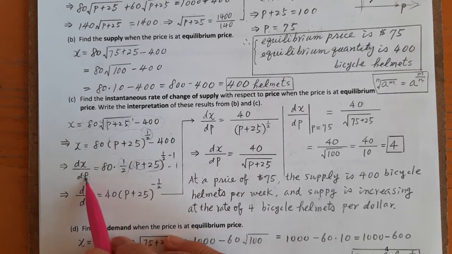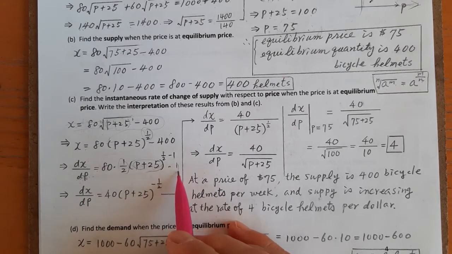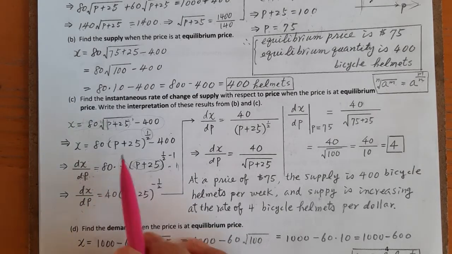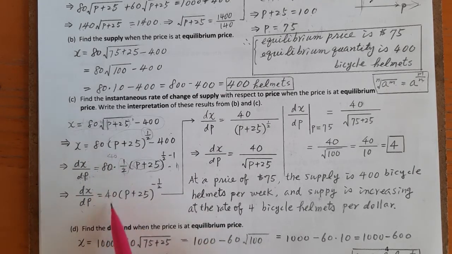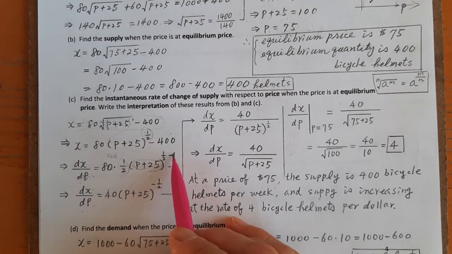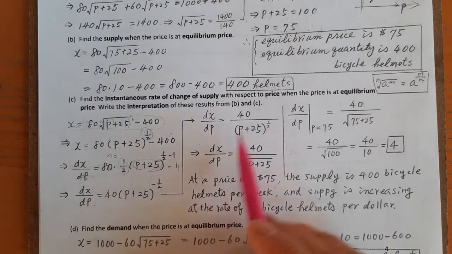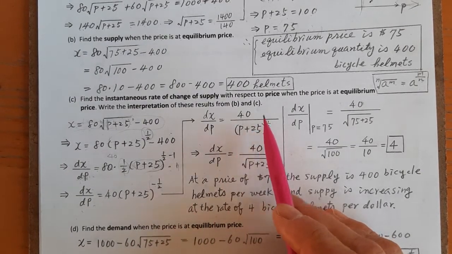So times by 1. Then we get dx over dp equals, multiplying together, 40 times p plus 25 to the power 1 half minus 1, which is negative 1 half. Then bring it down to the denominator, because the exponent is negative, it becomes positive.